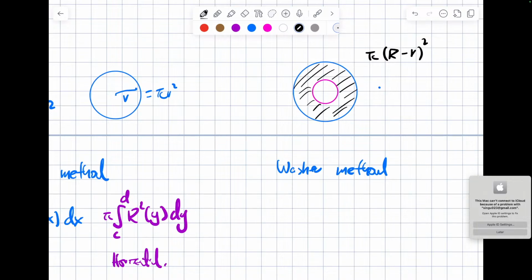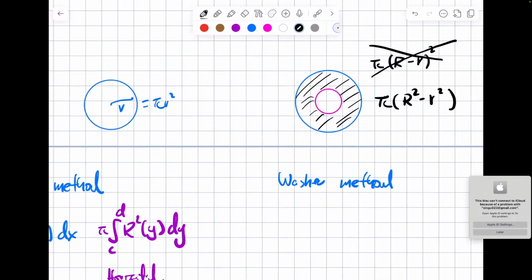What is wrong with this? You want to find out a bigger area, subtract the small area. So the correct way should have been this. So this is not correct. A lot of misconception is that the difference between bigger radius and small radius, squared, is actually the big radius squared minus small radius squared.